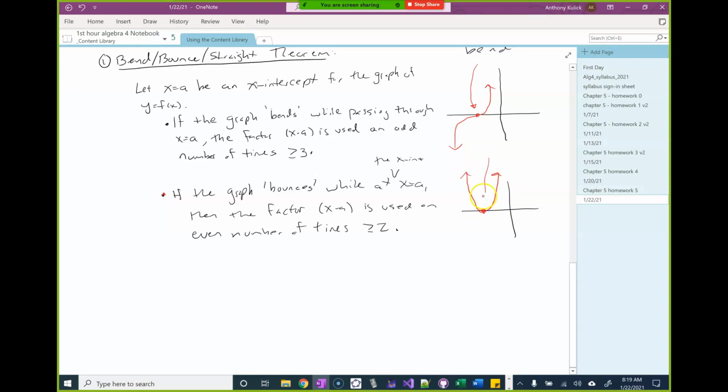Okay, so bounce indicates that that solution or that factor could be used an even number of times. So there's an example of what we mean by a straight. Everybody okay there?